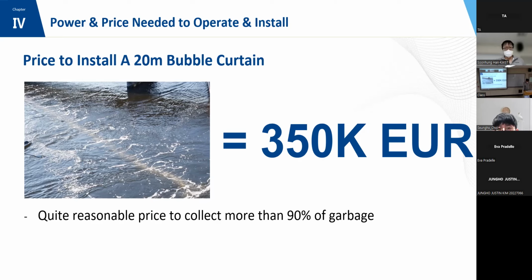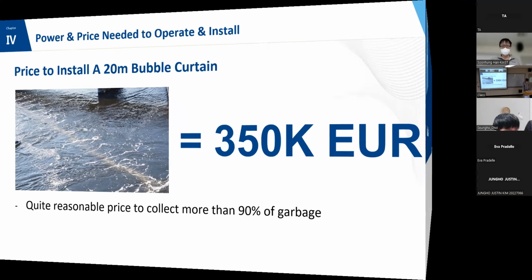However, it is because it is a company that tries to earn money. So I think if the price is quite smaller than this, it would be quite a reasonable price to collect more than 90% of garbage that is in the waterway or river.